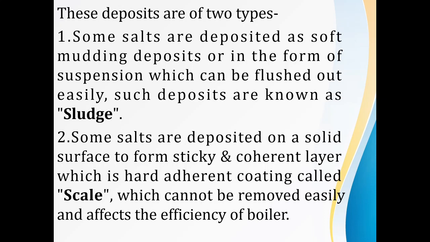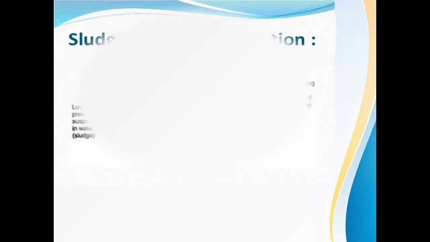Means there are two different types of deposits, sludge and scale. Sludge can be easily removed, whereas scale cannot be removed easily. And obviously if scale is not removed easily, it will affect the efficiency of the boiler. Means efficiency of the boiler decreases due to scale formation. Sludge can be removed by filtration.